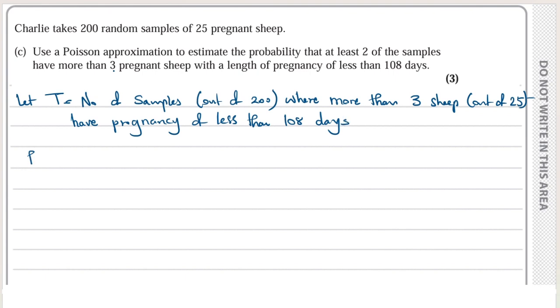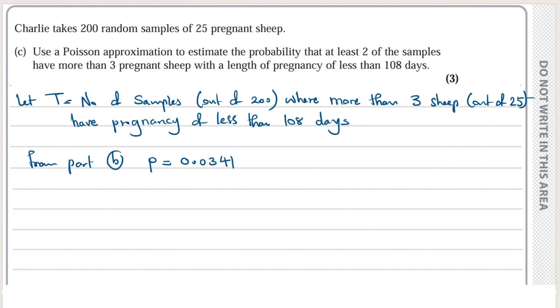So from part B, we know that the probability of having more than 3 pregnant sheep with a length of pregnancy less than 108 days was 0.0341. So probability is 0.0341.